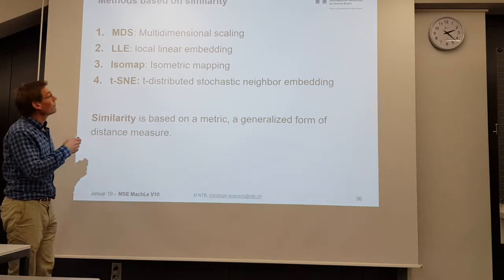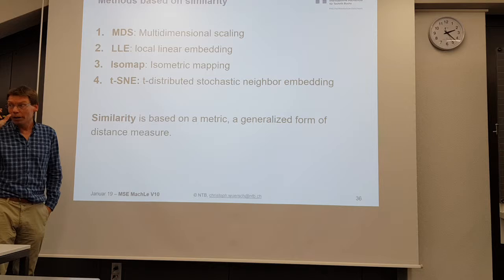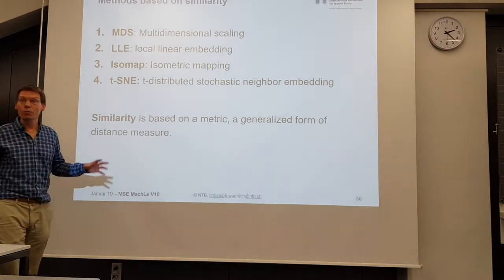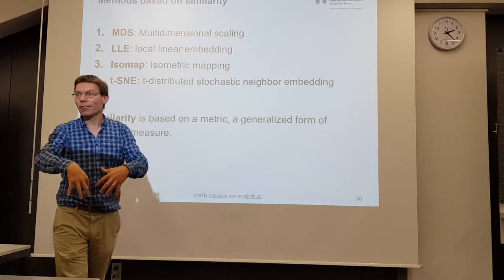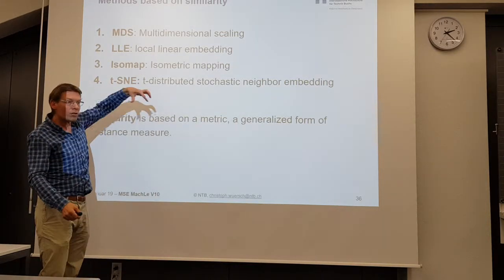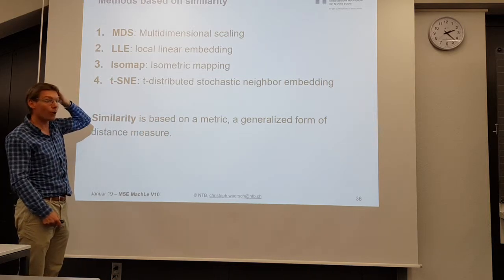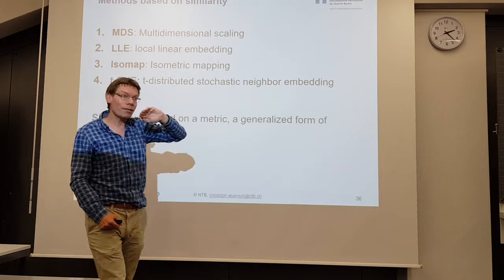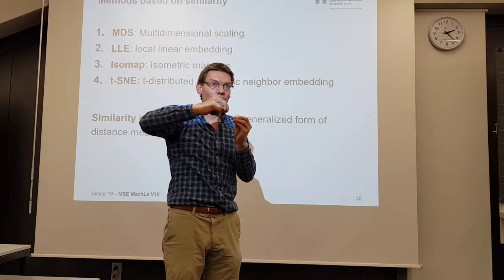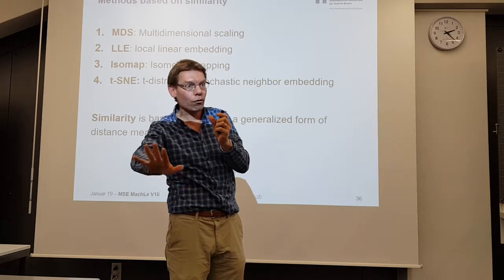Multi-dimensional scaling, locally linear embedding, the name already says it, it's only a local embedding. This one is a global one, it tries to match the global data set to a lower space, and the other one does it only on local subspaces. ISOMAP does it even smarter. It calculates the distances not just as a Euclidean distance along the space, but it tries to make a graph of the structure of the manifold.